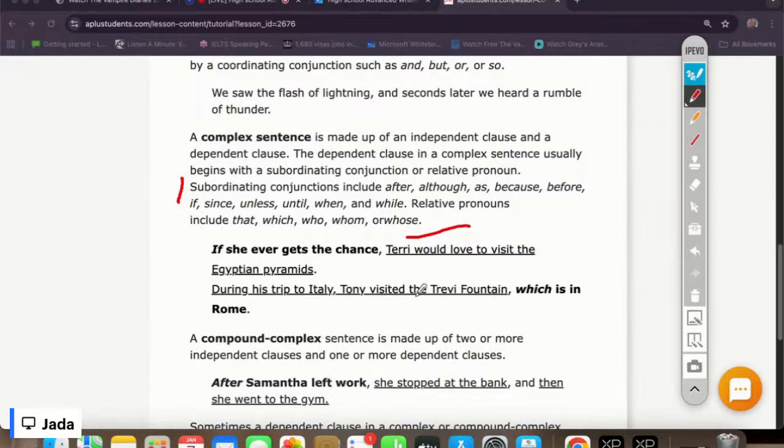So just like we have: If she ever gets a chance, Tara would love to visit the Egyptian pyramids. So if is a subordinating conjunction. And then: During his trip to Italy, Tony visited the Trevi Fountain, which is in Rome. So which is a relative pronoun. Okay.